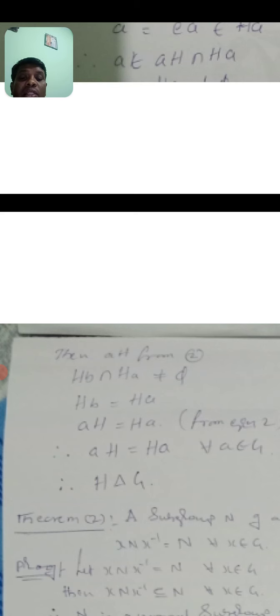That is aH is equal to Ha from equation 2. Therefore the left coset aH is equal to the right coset Ha for all a belongs to G. Therefore H is normal in G. This is the proof of the first theorem.